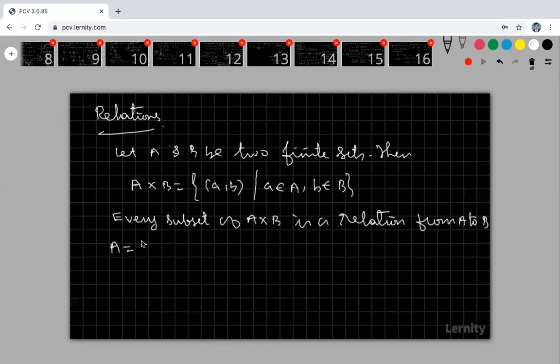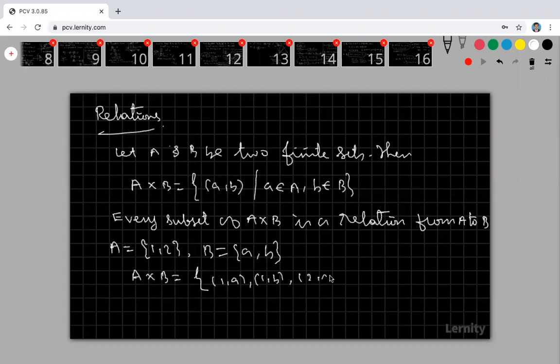I am taking A is equal to {1, 2} and B is equal to {a, b}. What is your A cross B? My A cross B is equal to {(1, a), (1, b), (2, a), (2, b)}.